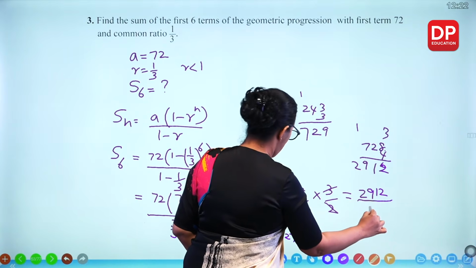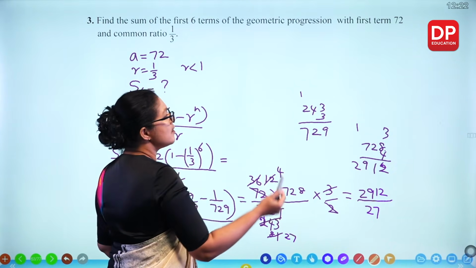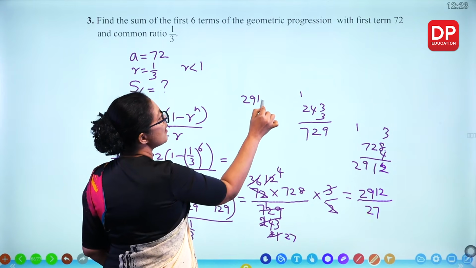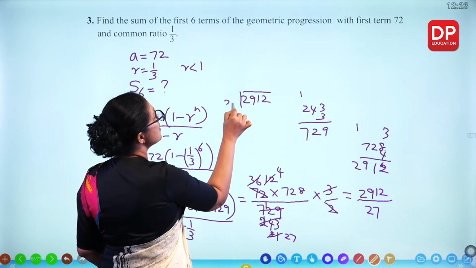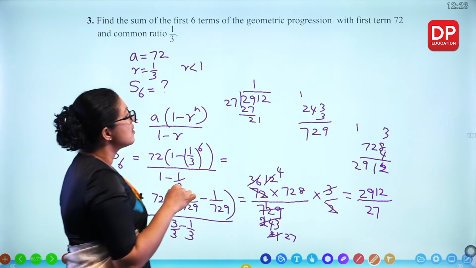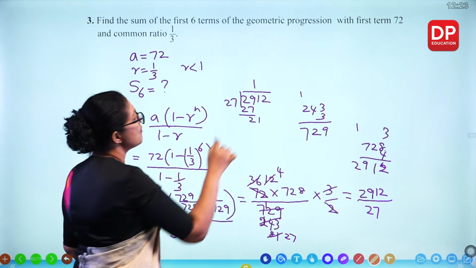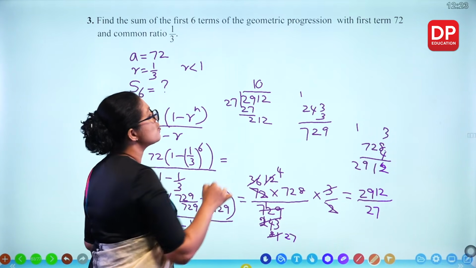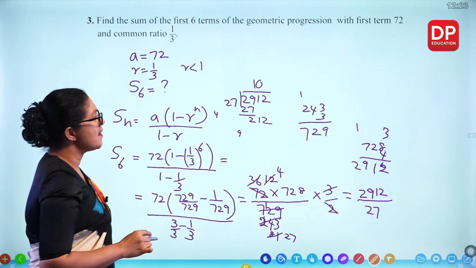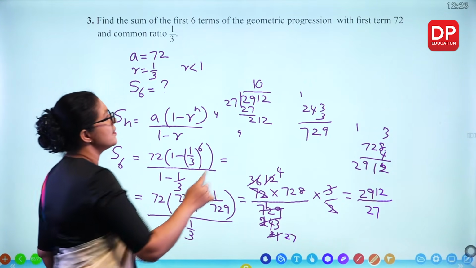2912 divide by 27. You can do long division. 2912 divided by 27. You get 2. So 25, nothing for 212. So how many 27s for 212?